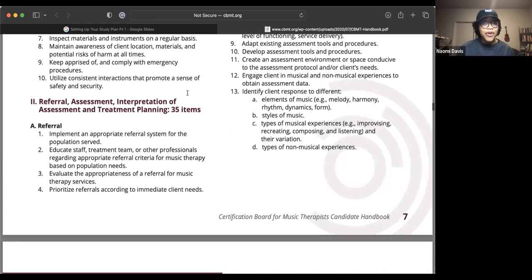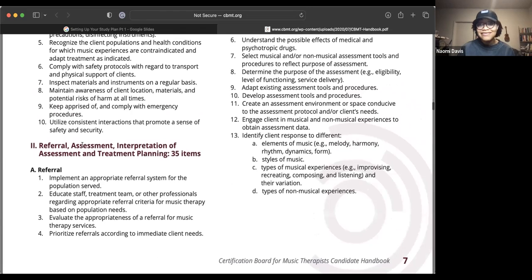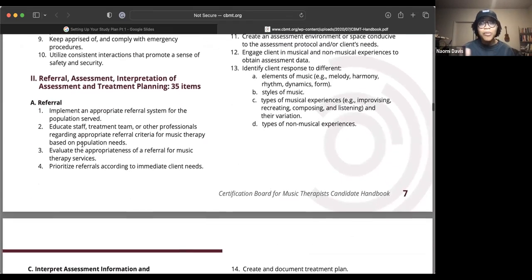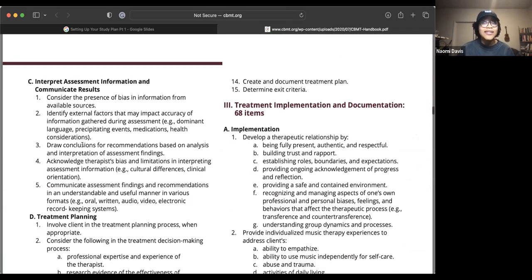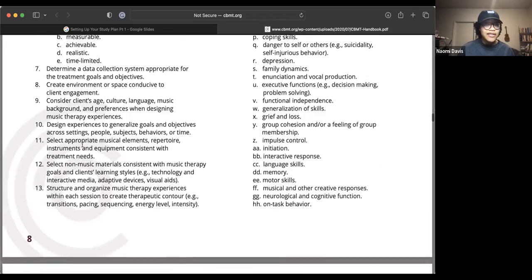Then referral, assessment, interpretation of assessment, and treatment planning is a bit longer, has a few more steps, is a more significant part of the exam, and has 35 questions. So it goes all the way down here.